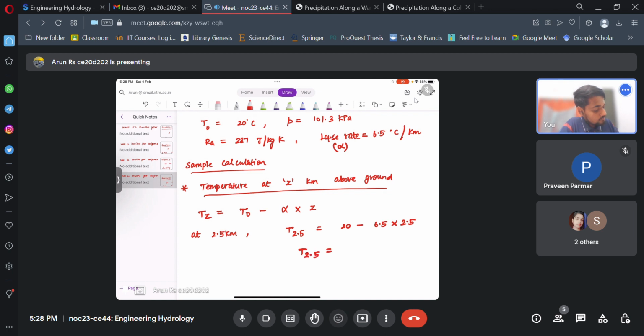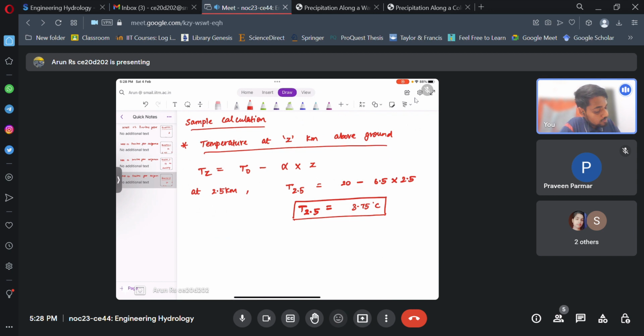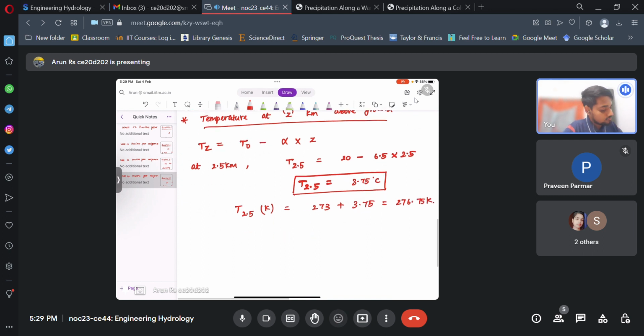So temperature at 2.5 is 3.75 degrees centigrade. Now we need to compute it in Kelvin also: 273 plus 3.75, which is equal to 276.75 Kelvin. So this is the first step.